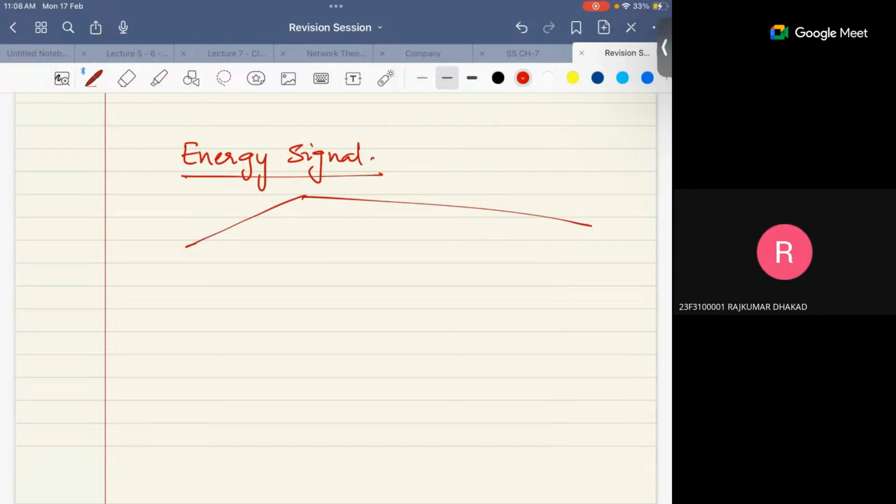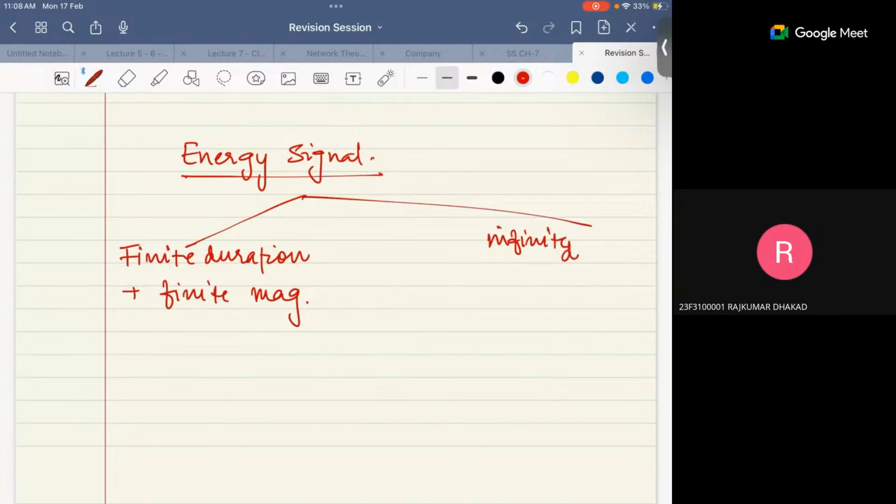The first thing is, if the signal is of finite duration plus finite magnitude, or if the signal is of infinite duration, at t equals minus infinity or plus infinity the magnitude should tend towards 0. If any of the two is happening, then you can say that this is an energy signal.